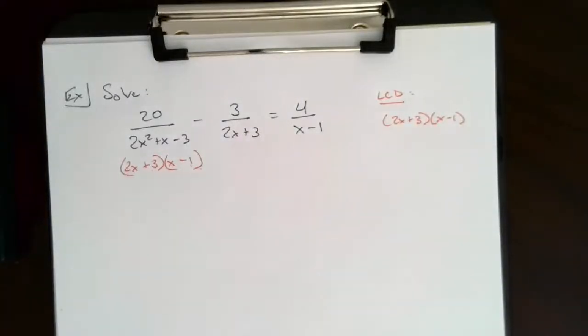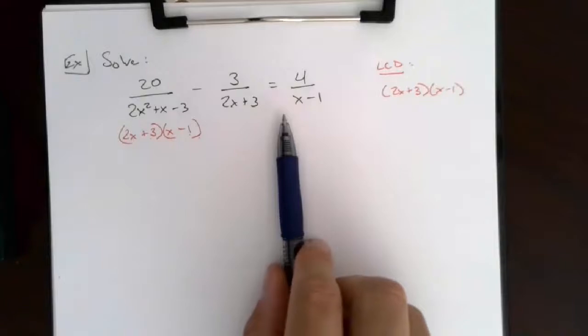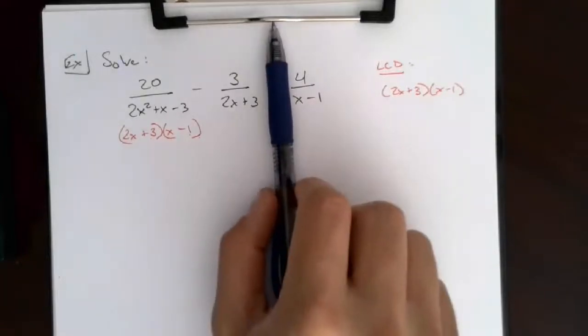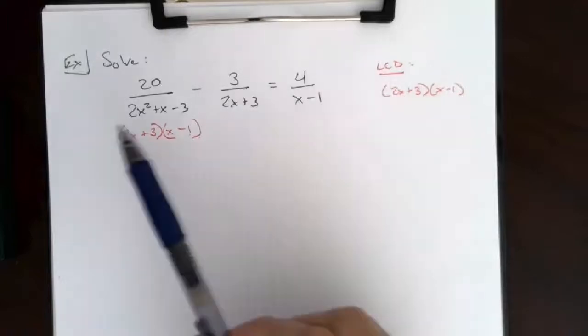So once you have that, now you're ready to multiply through that LCD to all the terms. Remember, that's what you do when you solve an equation. If this was an expression, you were just adding or subtracting, you can't just multiply all the terms. Because it's an equation, the equal sign is telling you to multiply that to everything.